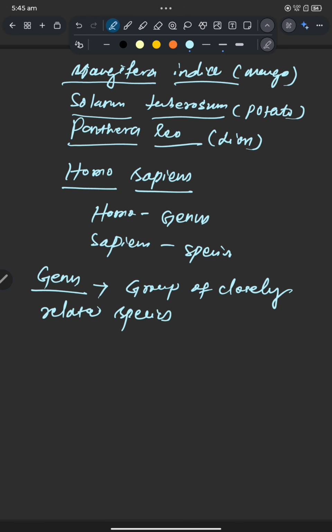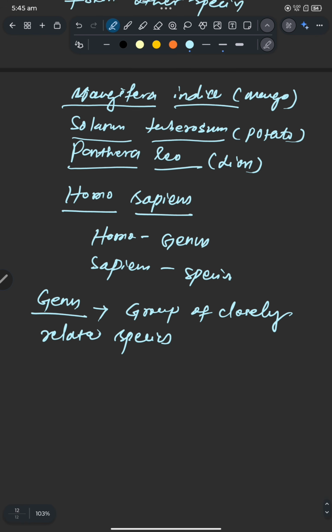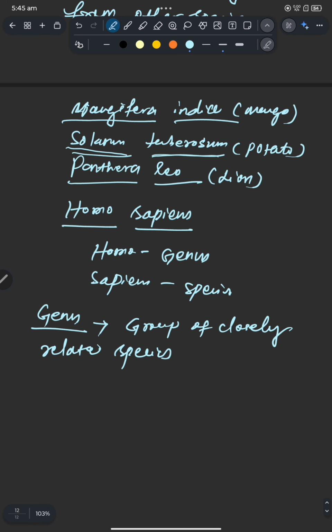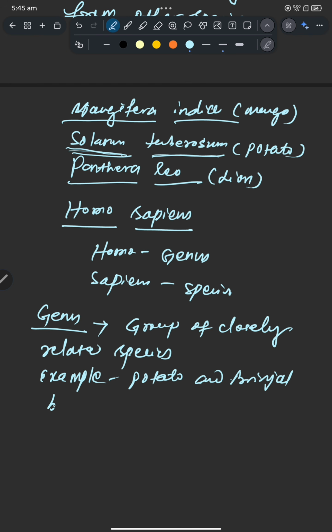Okay, for example, same example I am showing you. Solanum tuberosum, Solanum nigrum. So Solanum is the genus under which different species are there. So for example, potato and brinjal belong to genus Solanum.